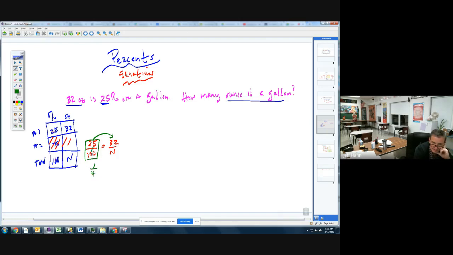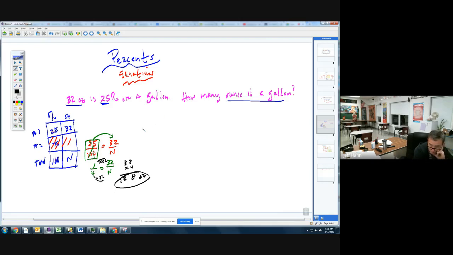And I could change that into 1/4 and then say 1/4 equals 32 over what number? And then it does work out, because 1 times 32 gives me 32. So 4 times 32 would give me my answer. 32 times 4 is 128 ounces, which would be my answer there. Now, that's option number one.